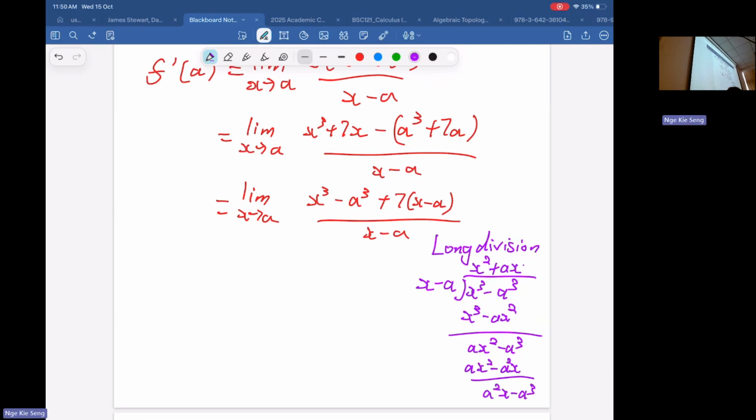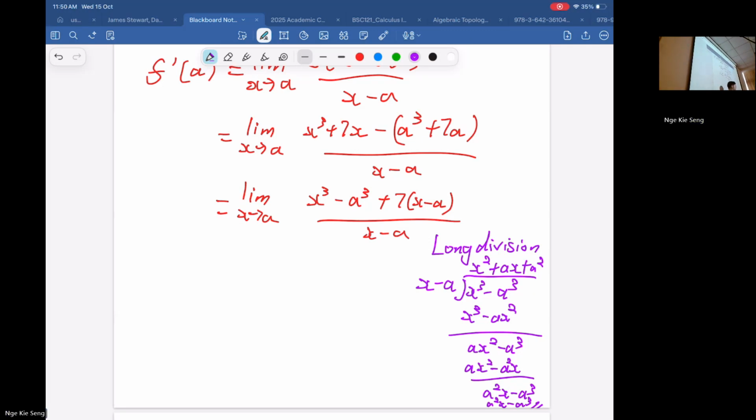You multiply a squared again, so you get a squared x minus a cubed. Then everything cancels. Can you understand what I'm doing?